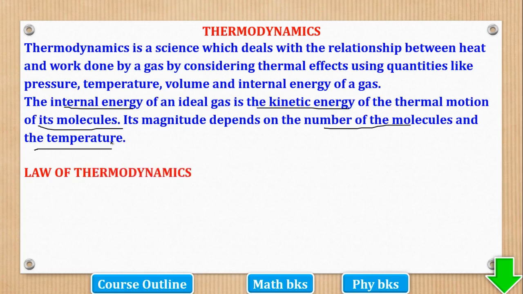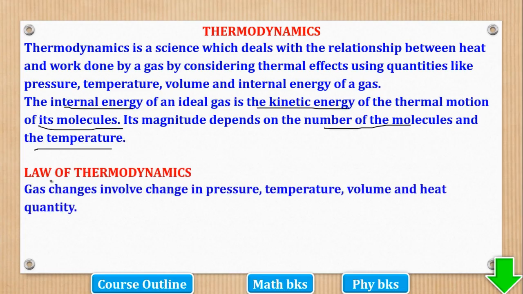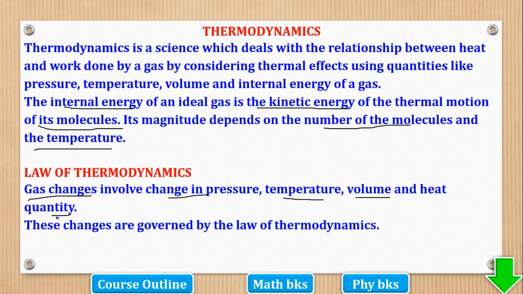So we have what we call the law of thermodynamics. Gas changes involve change in pressure, temperature, volume, and heat quantities, and these changes are governed by the law of thermodynamics.